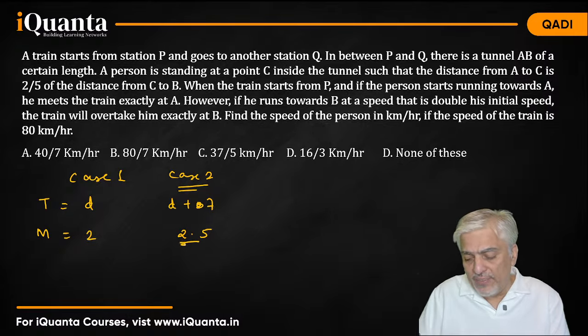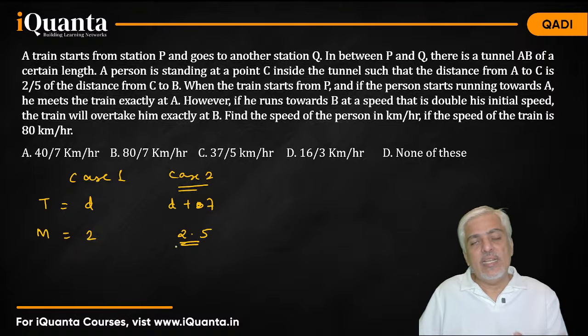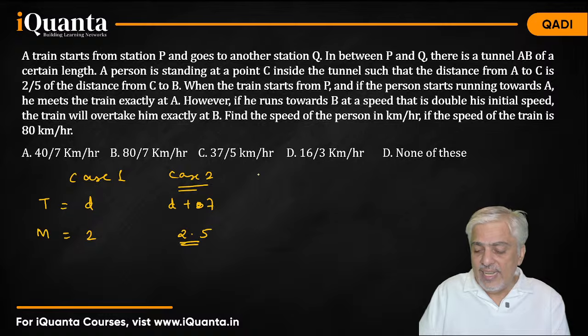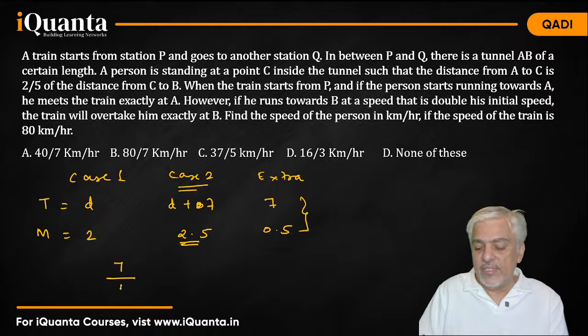This 2.5 is very important. He is running at double the speed, so he is able to cover 5. So, can I say extra? When the train covers 7, the man covers 0.5 extra, and this becomes the ratio of their speed. 7 divided by half, 14:1.